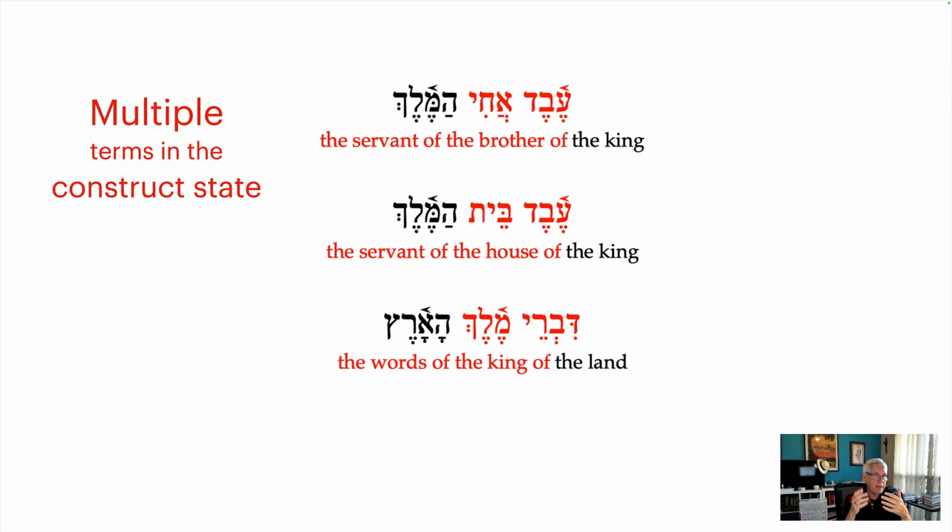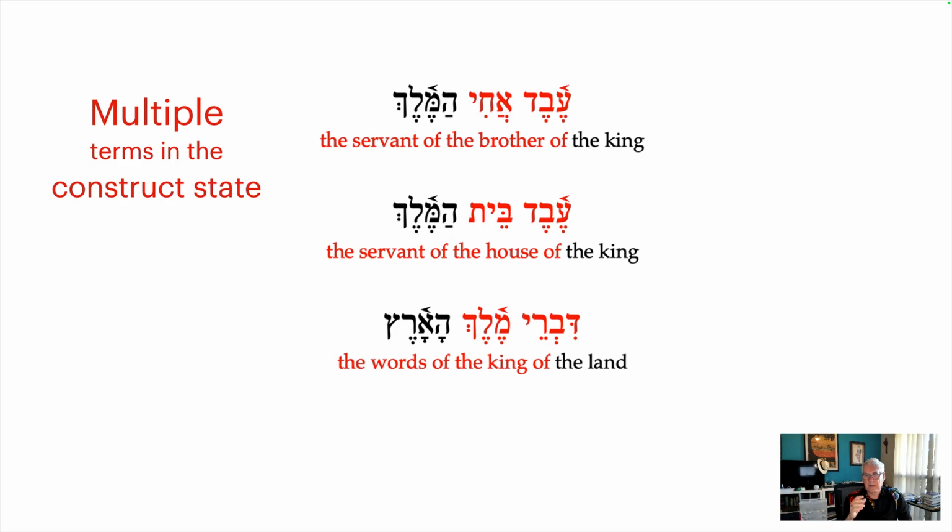Then you could add two or three words together in a construct chain. So here's some examples of that. If we have Eved Achi HaMelech, then that becomes the servant of the brother of the king. Both the Eved and the Ach, or Achi, with the construct form there, these become definite because Melech has the article. The servant of the brother of the king, Eved Achi HaMelech.